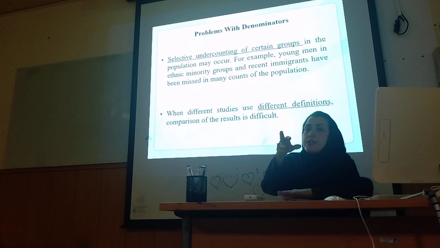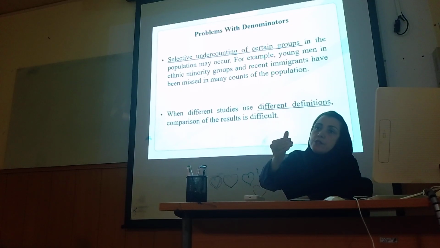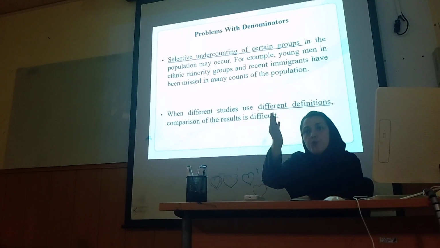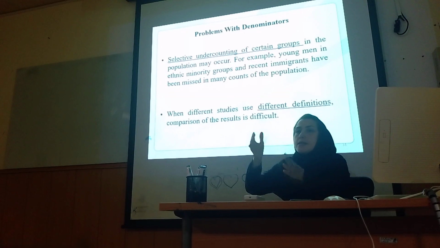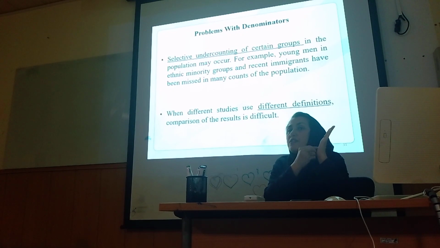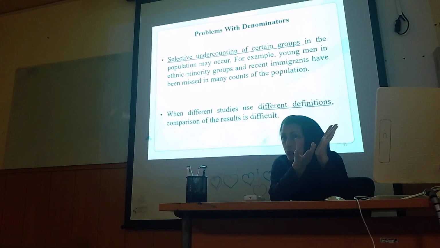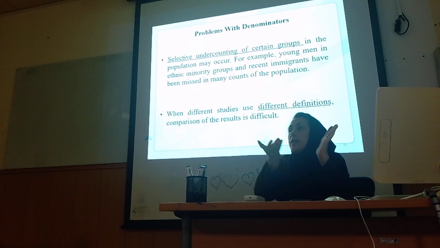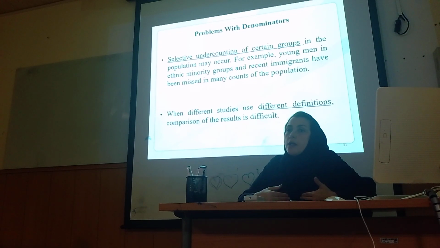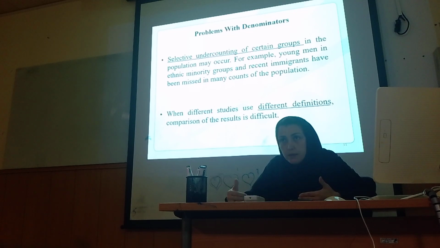If you use, for example, a different cut point for fasting blood glucose, and for example, you use 126 for plasma glucose to diagnose the diabetic population, and in our country we use, for example, 140.